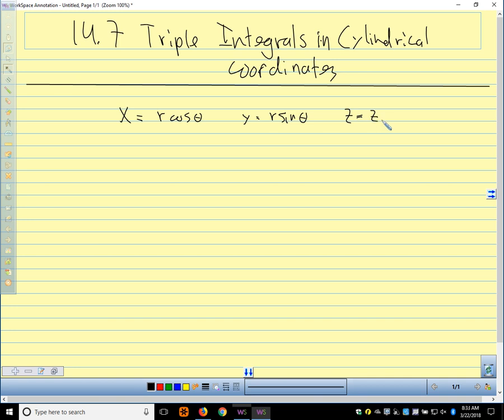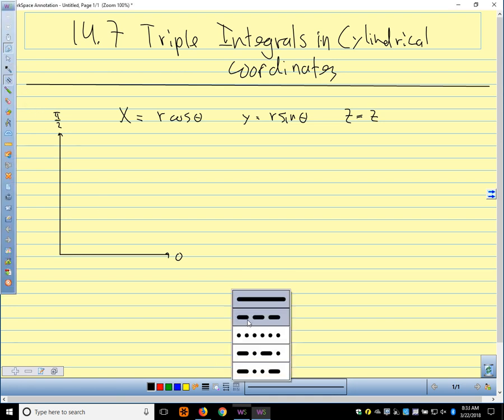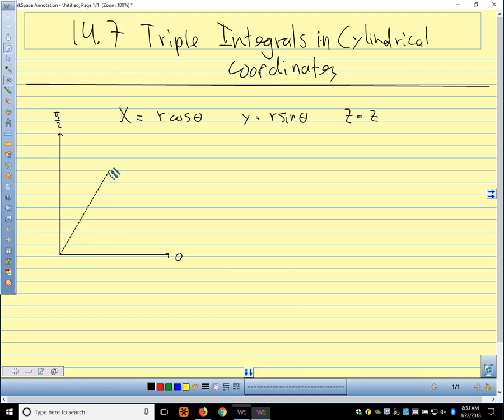And what I'm going to do is draw a little portion of the xy plane, or the polar plane. The other day, this is our theta equals 0 and theta equals pi over 2 axis. We came up with a way to find the area of what we called a polar rectangle.